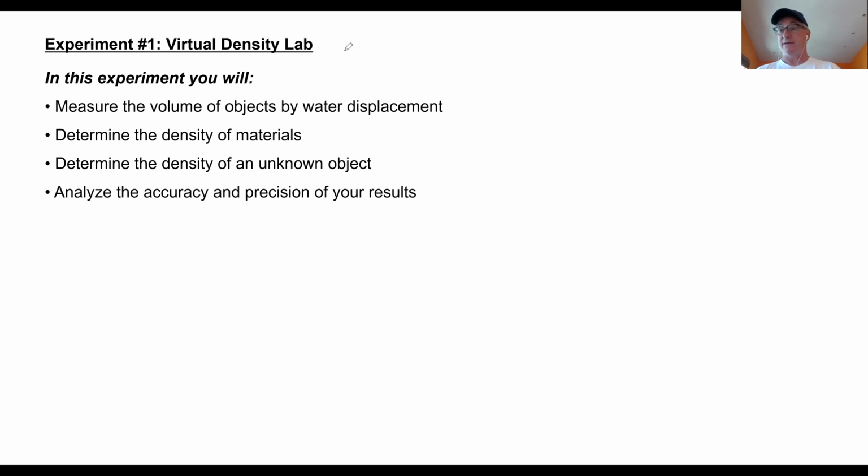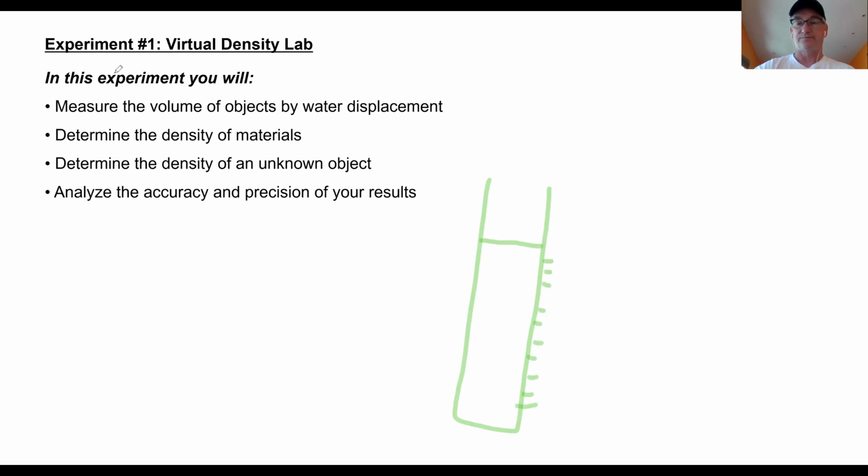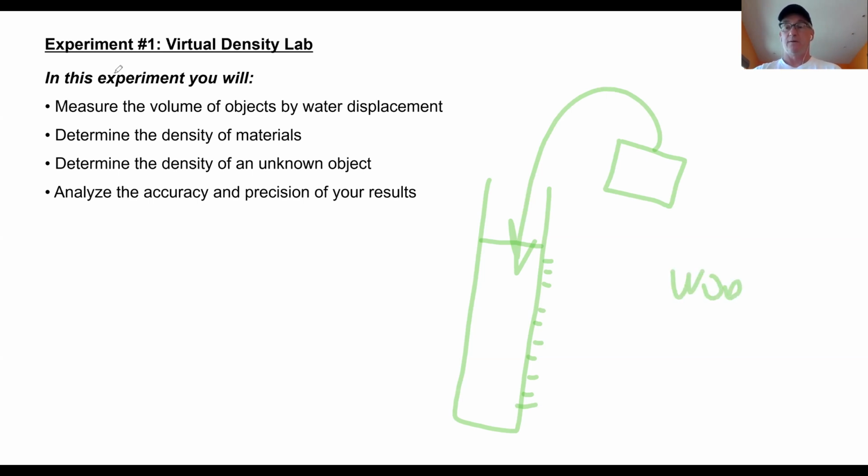One thing that people forgot to do in this particular lab was, when they had their graduated cylinder with water in it and put their object in the cylinder, if it was less dense than water, like wood or styrofoam, it would float on the top.